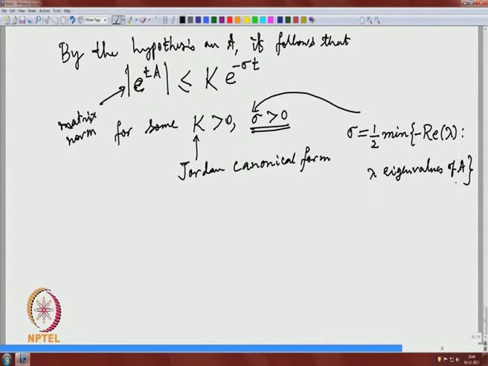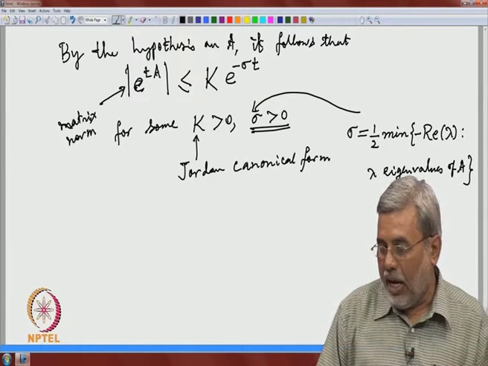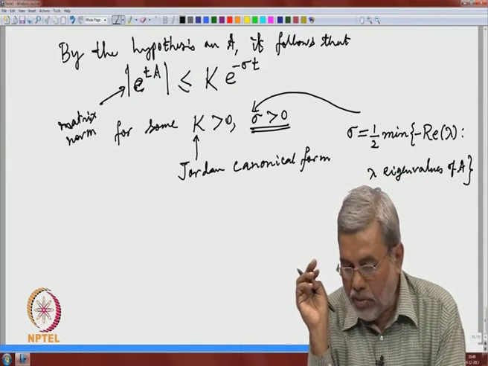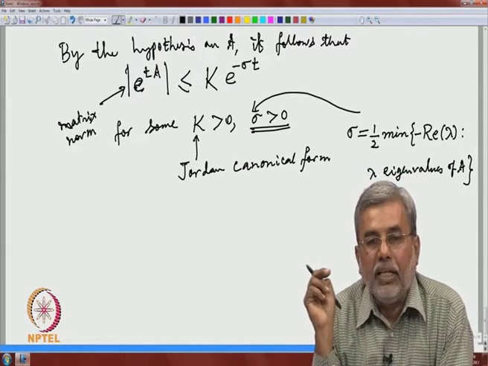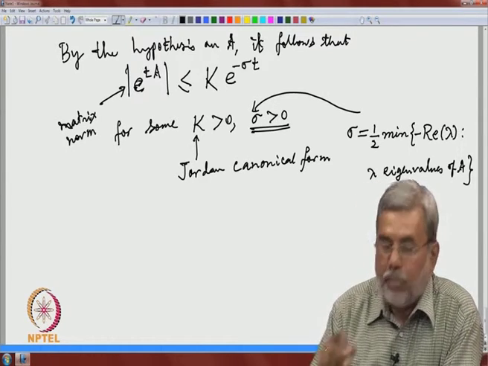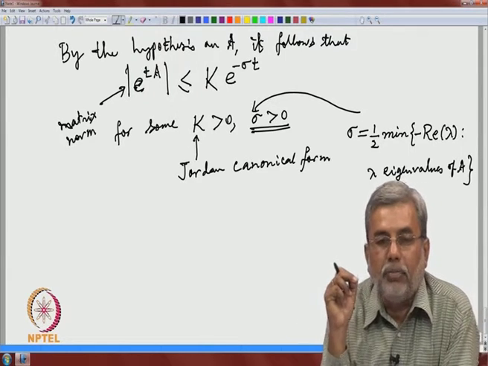And you see, this is a spectral property of A. Eigenvalues describe the spectrum. So, this comes from the knowledge of the eigenvalues of A, and by our hypothesis these minus real parts of lambda are all positive. There are only finitely many eigenvalues, and their real part is negative, so minus real part is positive.